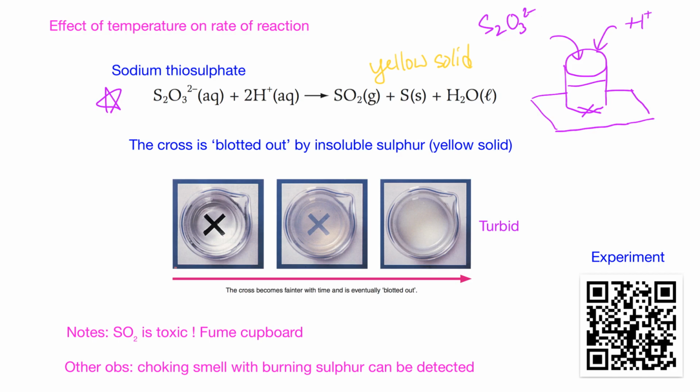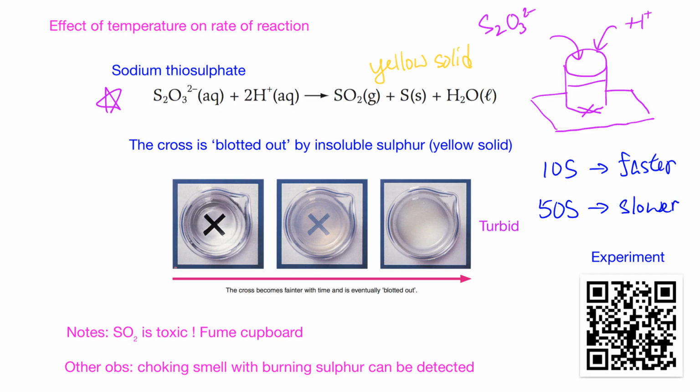The shorter the time we need to block out the cross, the faster the reaction is. Just imagine one of them takes 10 seconds, the other one needs 50 seconds. The 10-second one should have a faster reaction rate, while the 50-second one, in order to form enough yellow solid to cover the cross, will have a slower reaction rate.